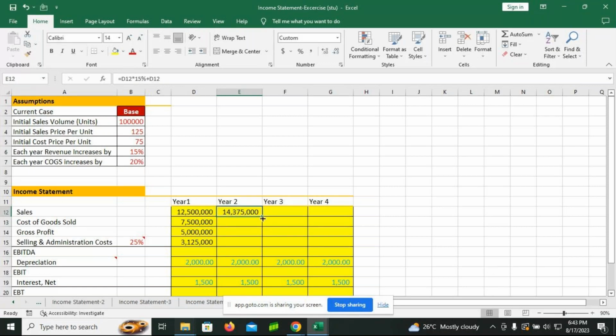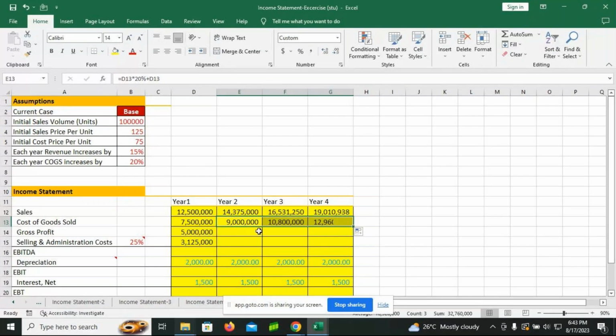So I'll just drag it towards the other things, and here cost of goods sold, so increase by 20% equals, I'll select the COGS of here 1 into 20%. So 20% plus the COGS value of first year.